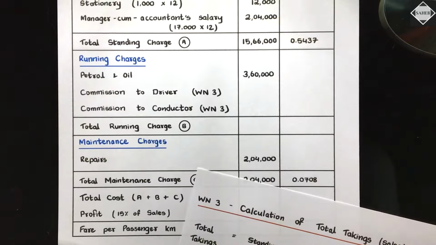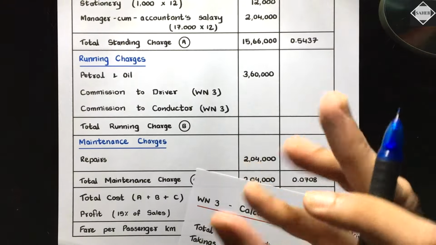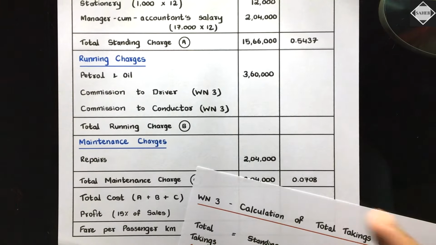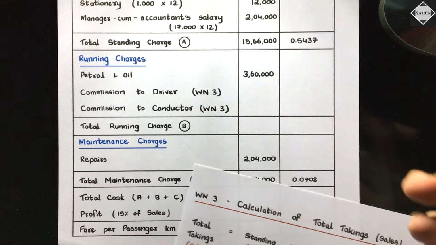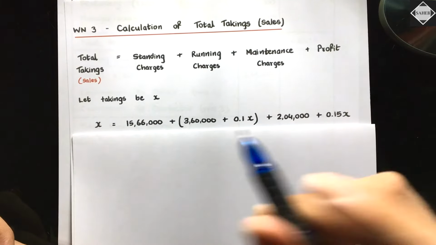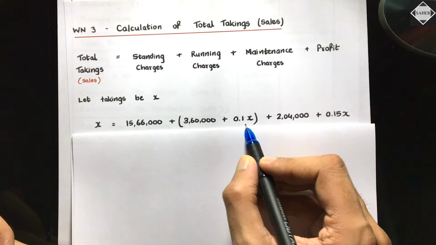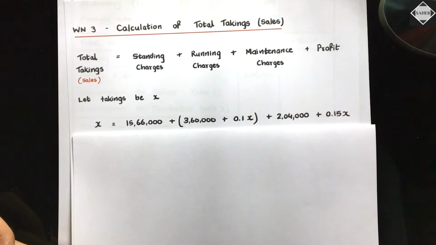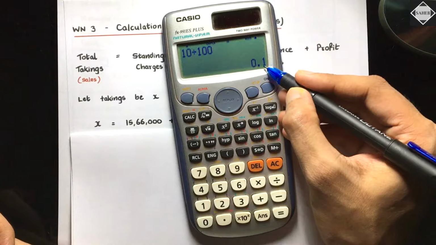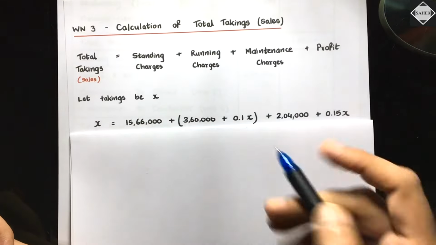You don't know the commission, but you have data about commission. Commission is 10% of sales, right? So you can take over here 10% of X, which is equal to 0.1X. 10% means 10 divided by 100, that is equal to 0.1. So 0.1X, you can say.